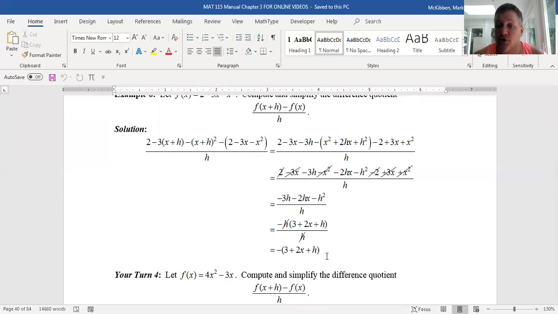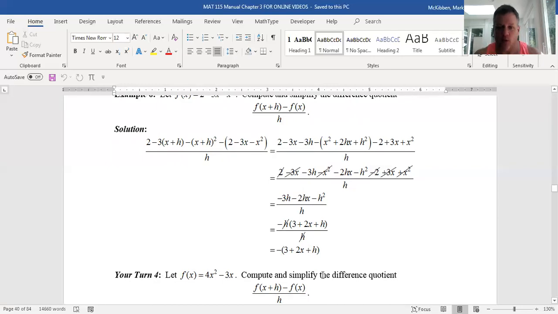You cannot cancel terms. And so you cannot kill this h with just this one, right? This h here is a term. You have to cancel only like factors. All right, so here, cancel the h's and then multiply by -1, and this is your final expression that's equal to this guy. Okay.